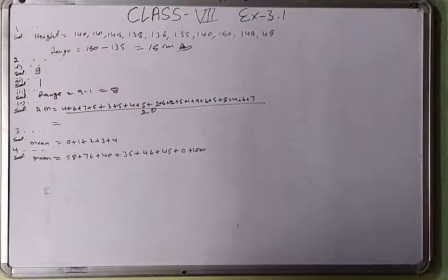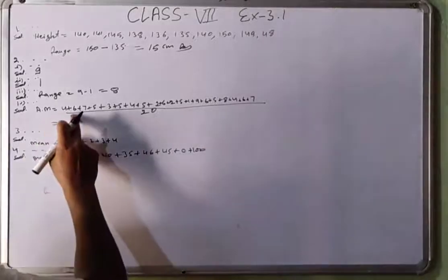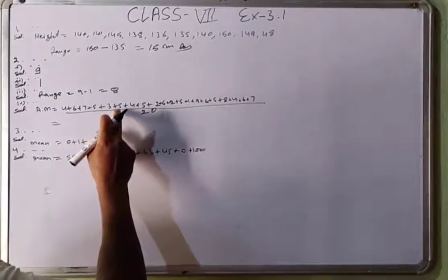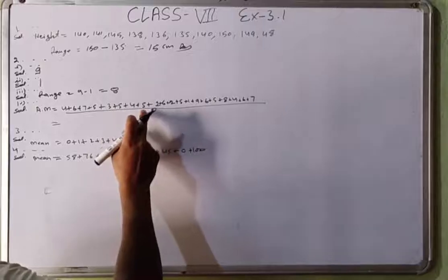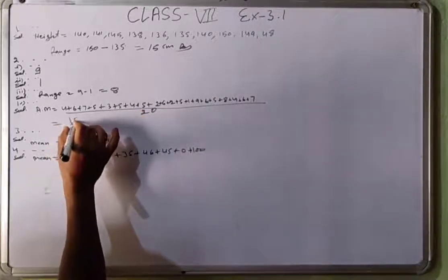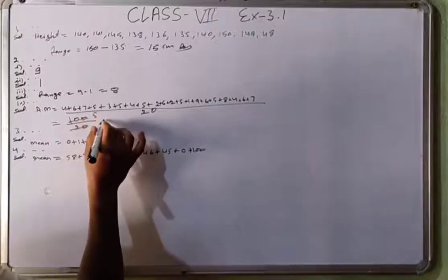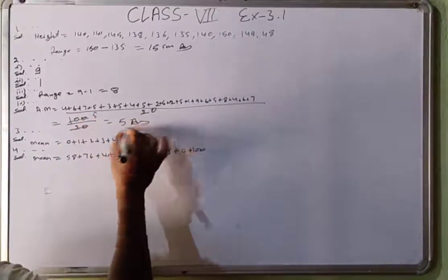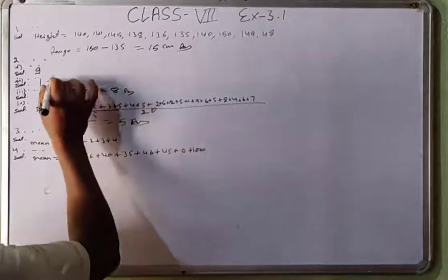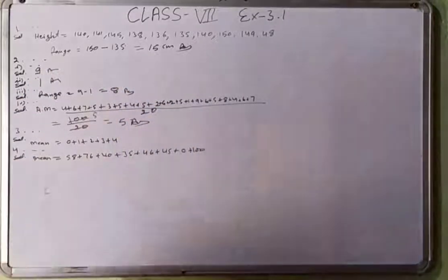When you add these, the sum will be 100. So 100 upon 20, 5 twos are 10, so that is 5, the answer, right?